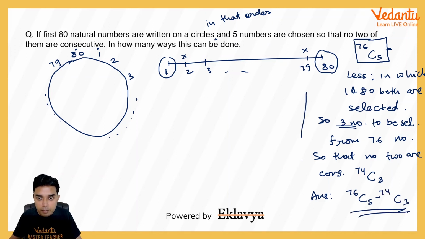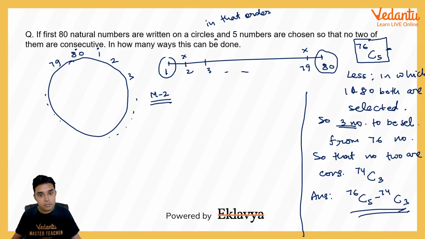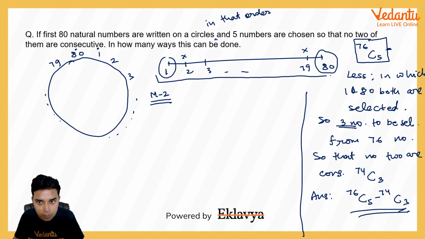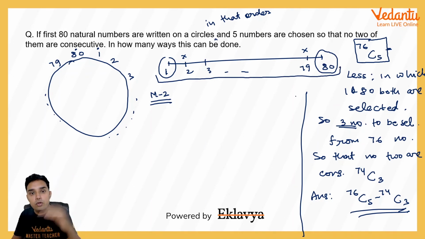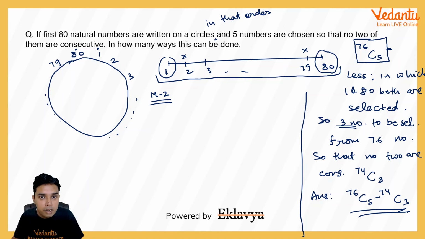Let me tell you there are 2 more methods. Please see method 2 here, and then method 3 also I'll discuss. Method 2 is that if we do not want to use that earlier method, then we can make cases. Case 1: 1 is selected, or case 2: 1 is not selected.